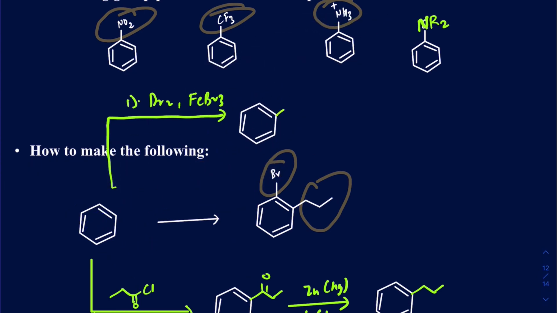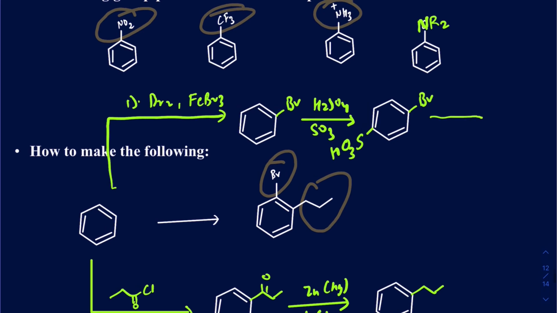I'll try to contain this in a small space. And then in the second step, I can do H2SO4 with SO3, just to put it on the para position, because bromine is also an ortho and para director, so keep that in mind. Whenever you have both positions available, it typically goes on the para position because it's less hindered.